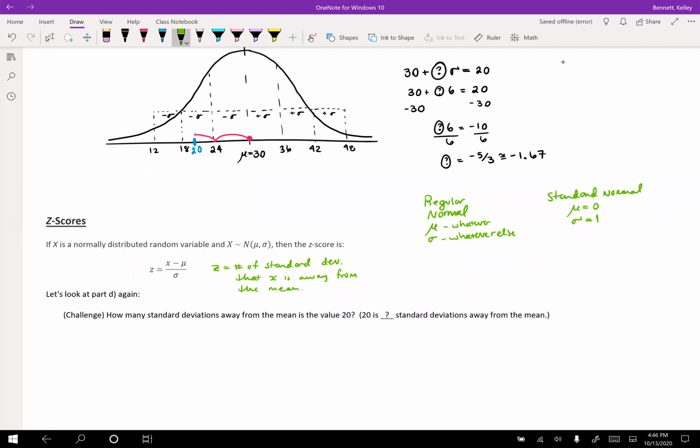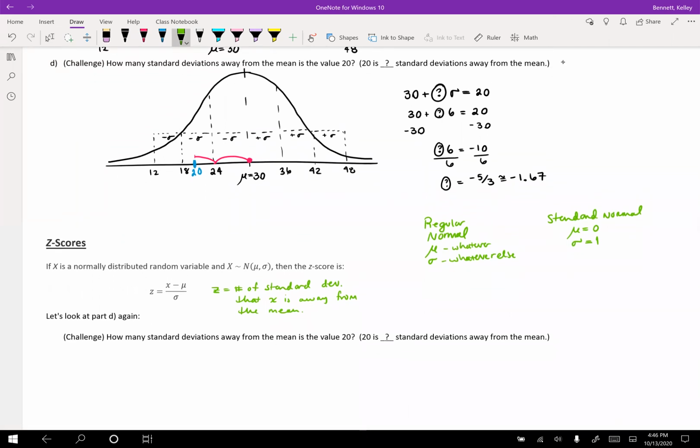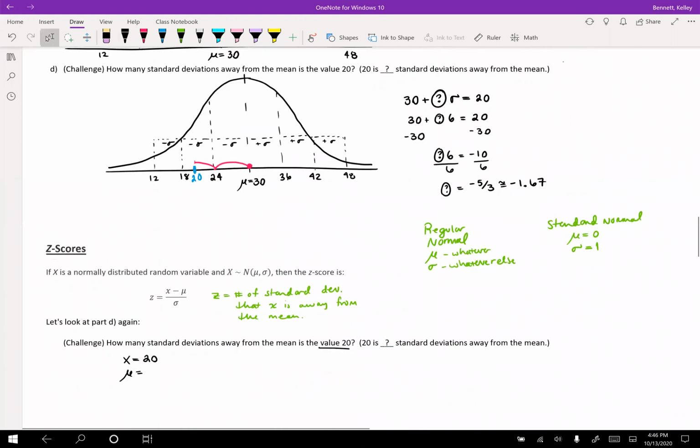So let's look at example D again from the previous. We said, how many standard deviations away from the mean is the value 20? Like 20 is blank standard deviations away from the mean. That's what we're trying to answer. Well, we knew that x was equal to 20. That was given. And we know that for our problem, mu was 30 and sigma was given to us as 6.